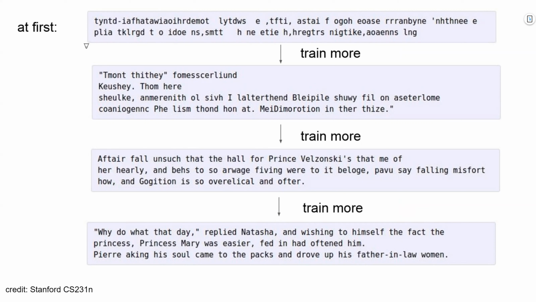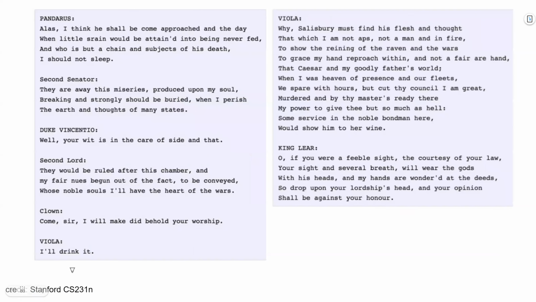At the beginning, it does not make sense at all, but as time goes on and on, it seems like that of Shakespeare, okay? And you can even make a sentence like this.